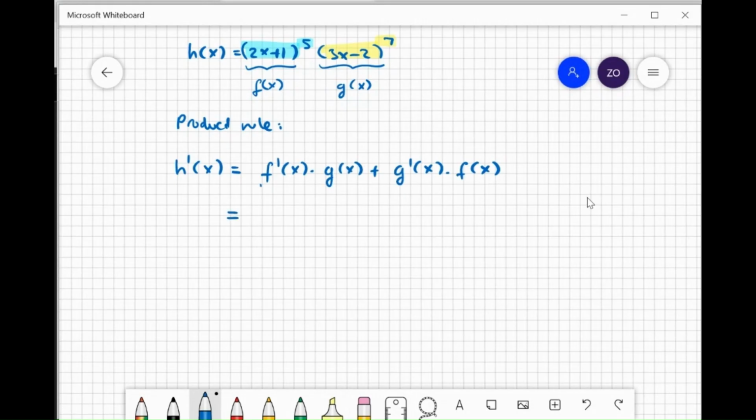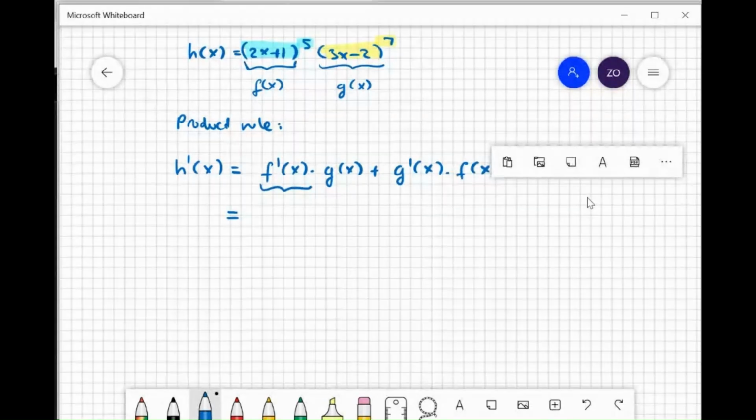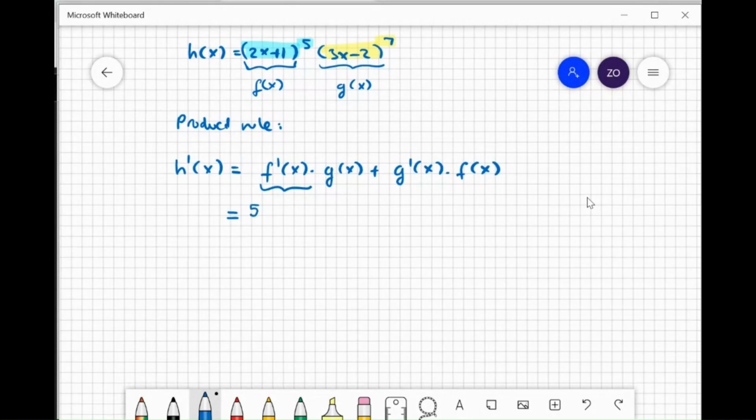Okay, so when we find the derivative of f, the outer function is the parentheses raised to the fifth power. So we should take it down. 5, 2x plus 1 raised to the fourth power. So this is the derivative of the outside function times the derivative of inside, which is the derivative of 2x plus 1, which is 2.